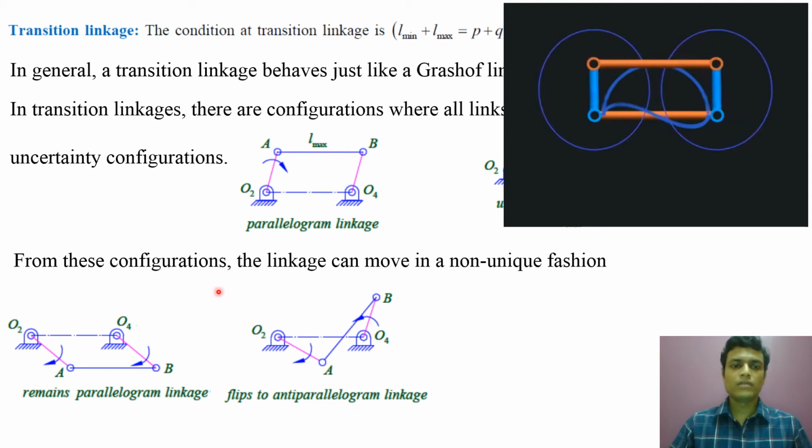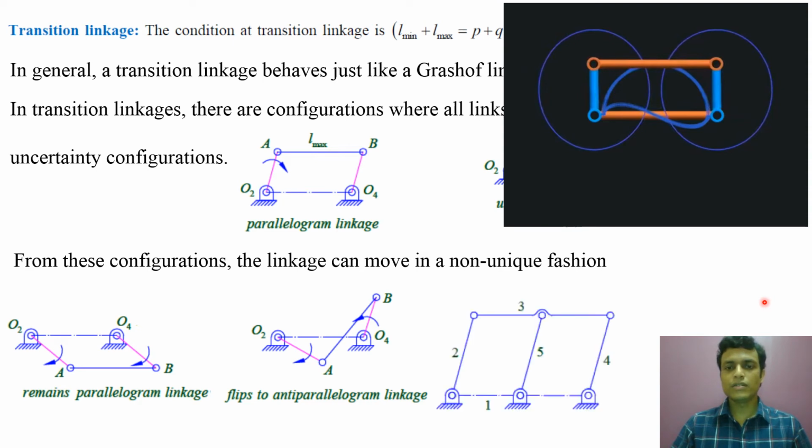Now, to make it remain a parallelogram linkage, that can be ensured by adding one extra link. Now let me show that configuration. By adding this link number 5 here, which is equal to link number 2 and 4, the parallelogram mechanism will always remain a parallelogram linkage.